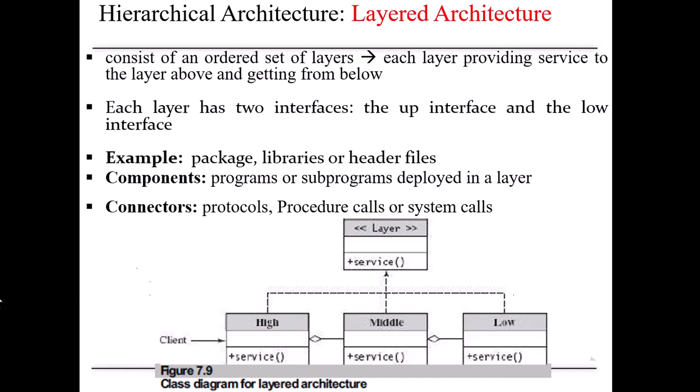This means the layer will get service from the neighbor layer and will provide service to the other neighbor layer. The neighbor can be up or down. Each layer has two interfaces, the up interface and the low interface. Examples include packages, libraries or header files.